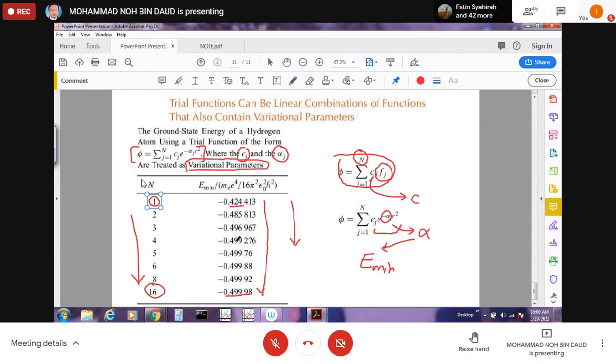So what I can conclude here is that modern quantum chemistry or quantum computational chemistry uses these basis functions, these Gaussian type functions GTO, for atomic or molecular calculations.